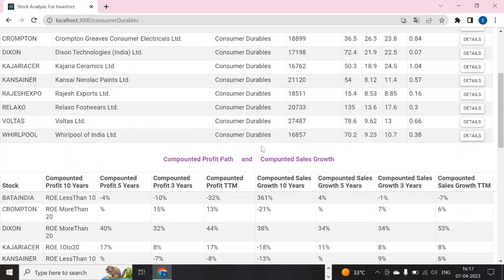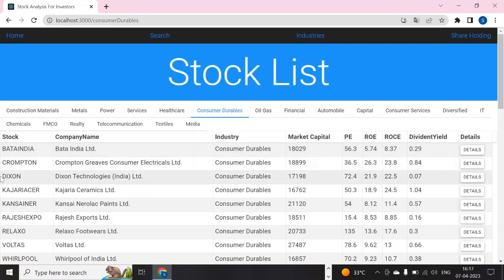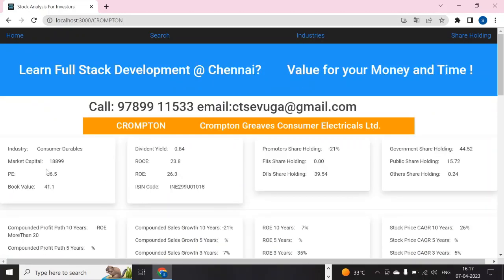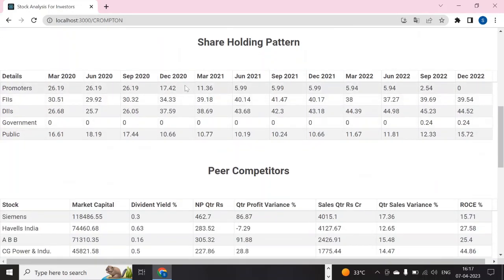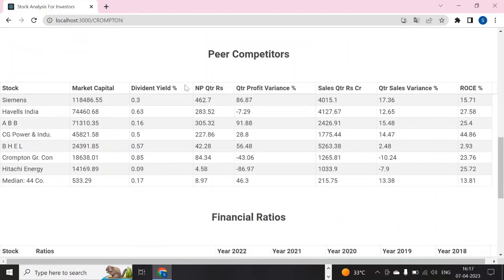If we want to know the particular details of a stock, we can click the details button. The measurements of this stock are shown here, followed by the shareholding pattern, the historical data of the shareholding pattern, then the peer competitors data.